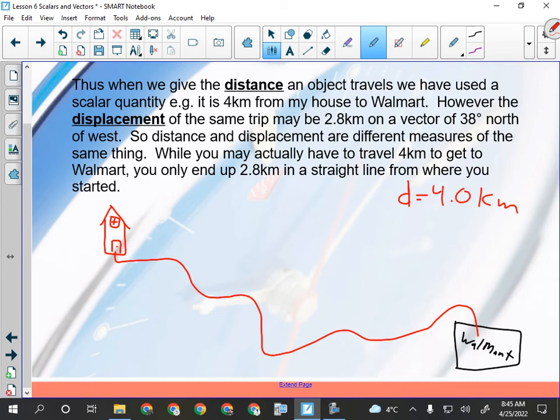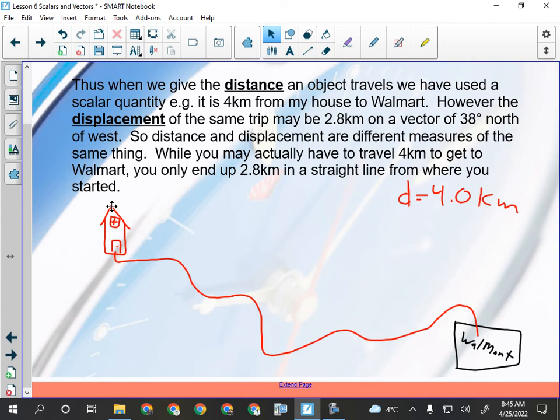Now, displacement is your change in position, and it's that straight line. That's why it has both magnitude and direction, because it's going to be a straight line from my house to Walmart. It's going to tell me exactly how much I have displaced myself, or how much I've changed my position by.